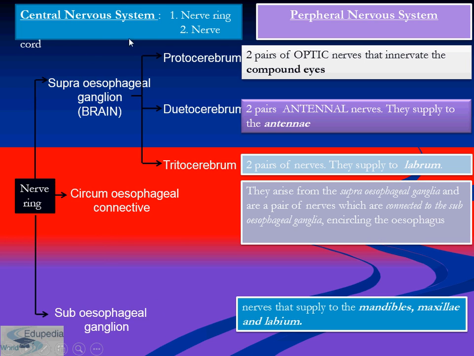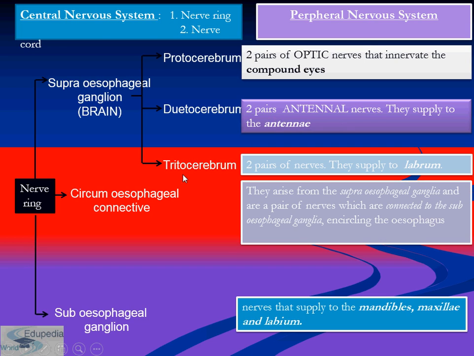The nerve ring also includes the circum-esophageal connective and the sub-esophageal ganglion. Now comes the peripheral nervous system. Two pairs of optic nerves are present in the protocerebrum, and two pairs of antennal nerves are present in the deutocerebrum that supply the antennae of the cockroaches.